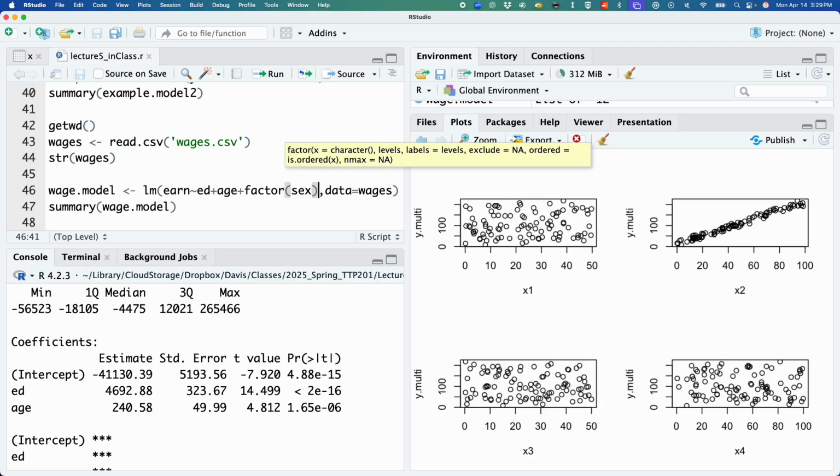And so remember I mentioned that treating a variable as a factor turns it into essentially ones and zeros for columns. So you can imagine that now instead I'm running a regression on a column of zeros and ones that are indicating whether or not you are male or female. Okay? So let me run this and then let's talk about the interpretation.